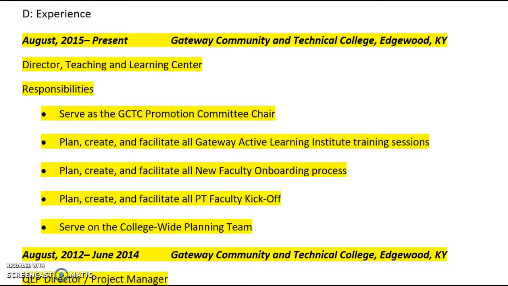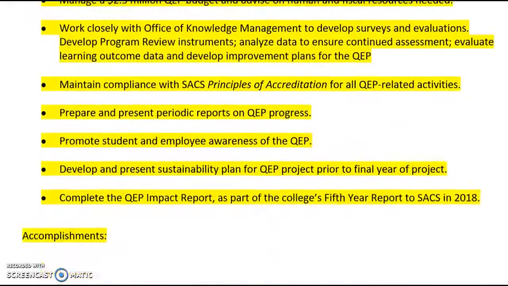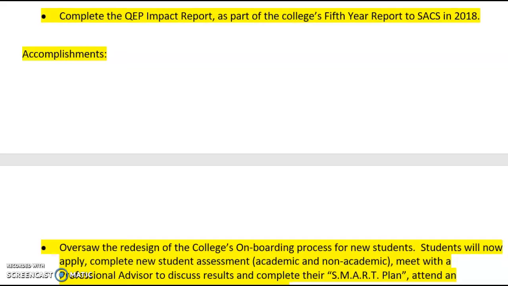The final section of your VITA is your experience. You'll see here again that I have it highlighted in yellow, so you're going to need to go through and put your information. But the first section is my experience. Then starts my accomplishments, which should get bumped down to the next page.